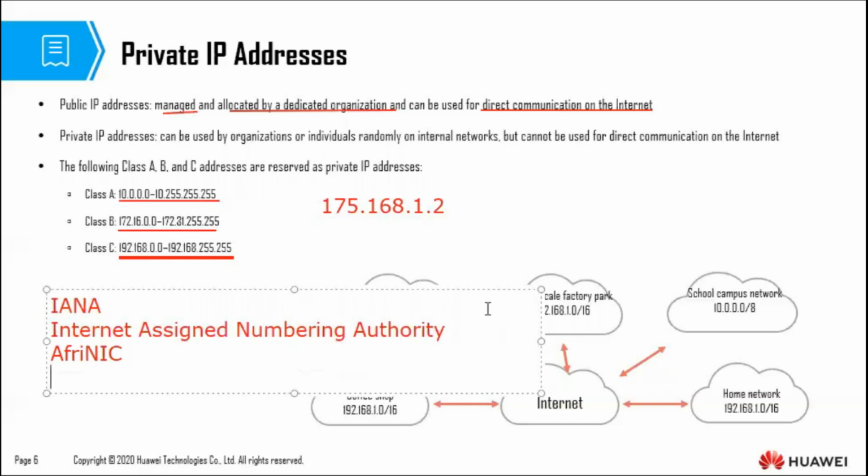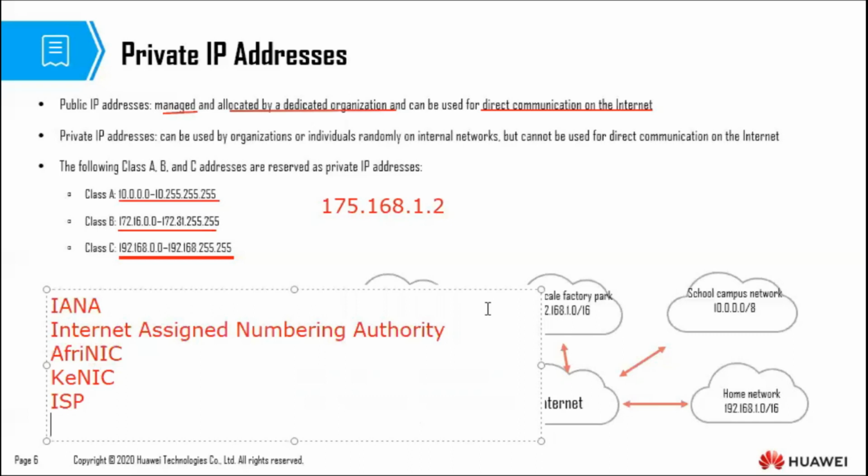Afrinic, on the other hand, will assign countries certain blocks of IP addresses. For example, they can assign KENIC for Kenya. Then KENIC will assign blocks to ISPs. Then ISPs will assign blocks to their customers.